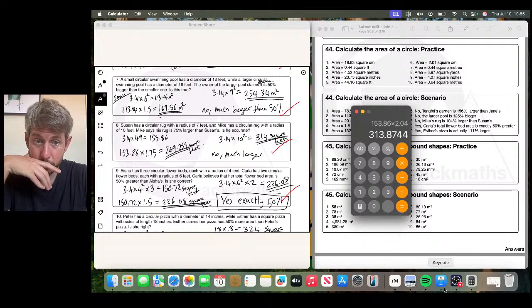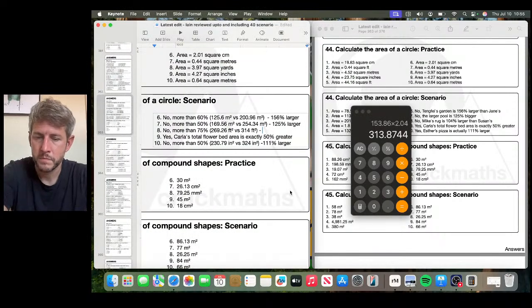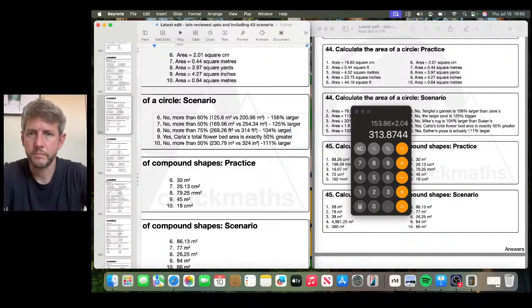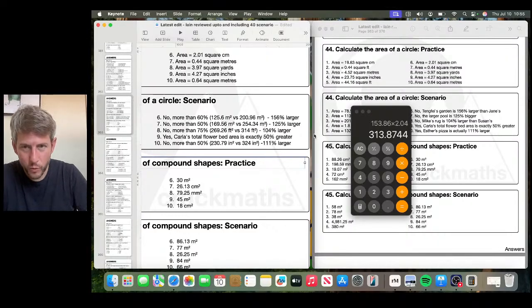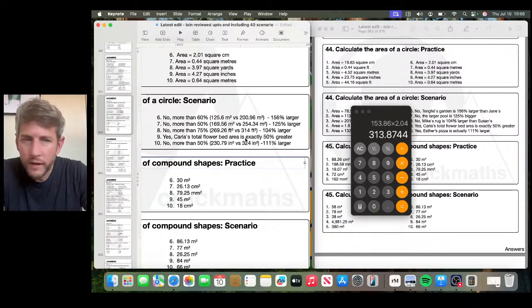So let's put that in the mark scheme as well. Right, okay, that's that one. Okay, that was a long one, but they are all correct, and those were fine.